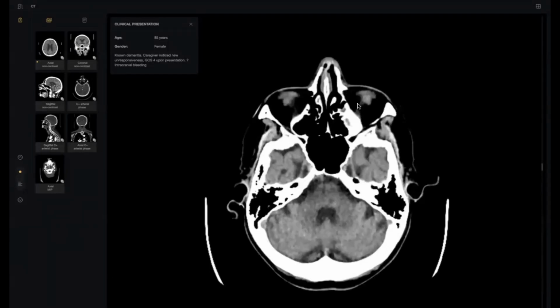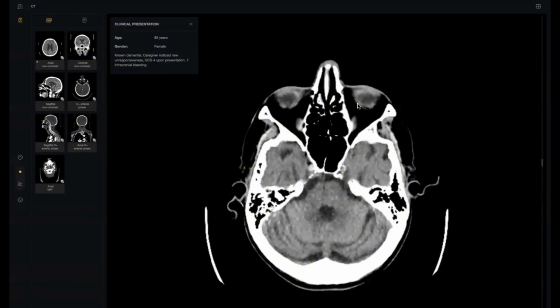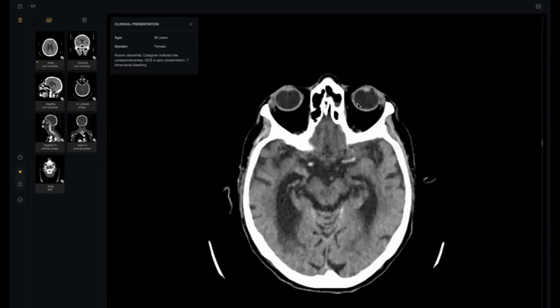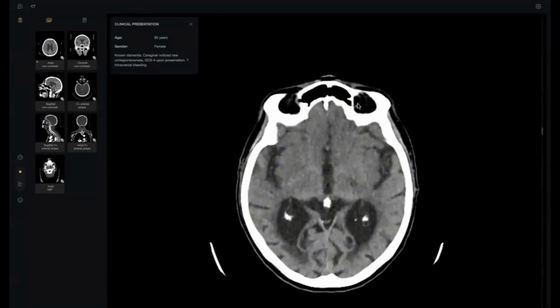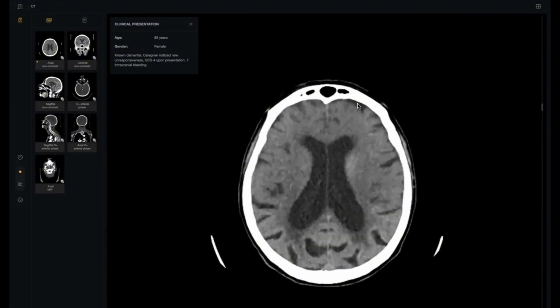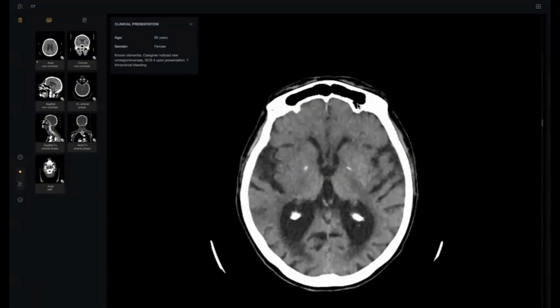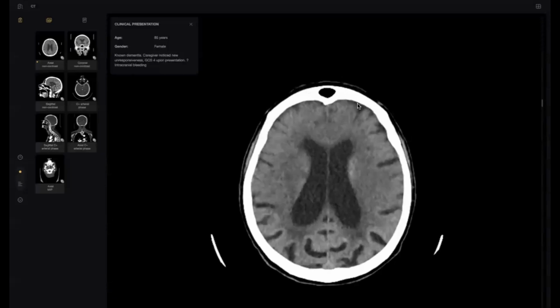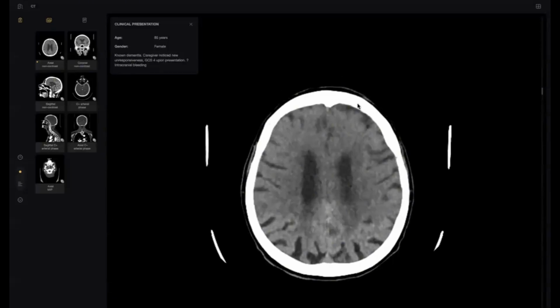Cerebellum looks fine. There are age-appropriate involutional brain changes. There's bilateral hypodensity surrounding the ventricles, in keeping with microvascular ischemic changes, chronic ischemic changes.